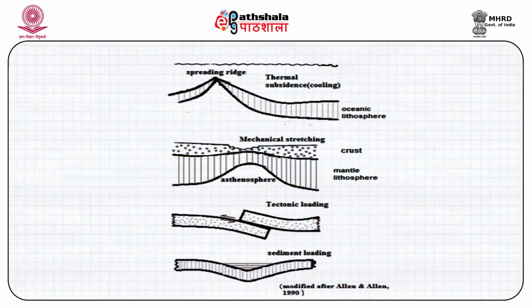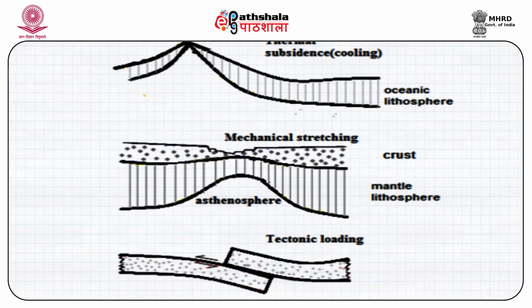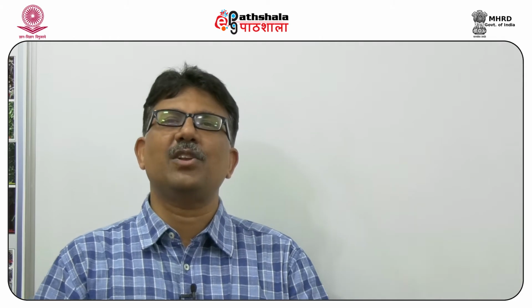We get it in a system where you have a mantle plume or a triple junction forming, and there is mechanical stretching, that is, extension that is operative. Mostly in the extensional domain this is formed, and the best example is the East African rift, where we see this kind of extensional event.